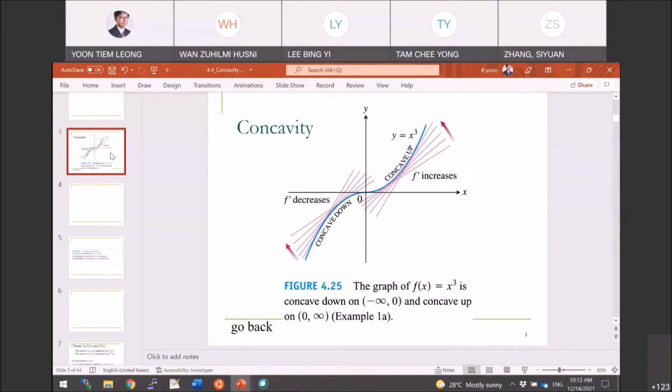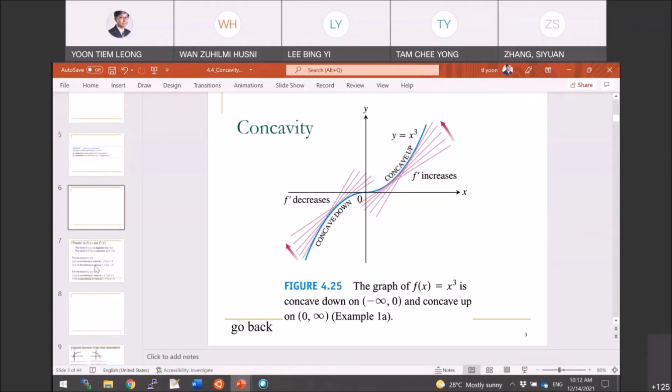If its acceleration is positive and velocity is positive, it means it's moving faster and faster. You could have a situation where velocity is positive but the acceleration is negative, so it is moving in the same direction but getting slower and slower. So don't mix up concavity and whether a function is increasing or decreasing. These are the two things I would like to remind you.